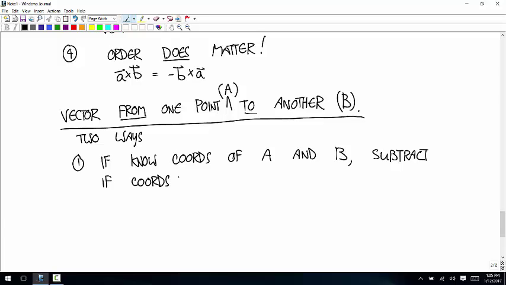If the coordinates of point A are given by the vector A, coordinates are just vectors pointing from the origin to the point that you're looking at. So you can think of these coordinates as a vector.